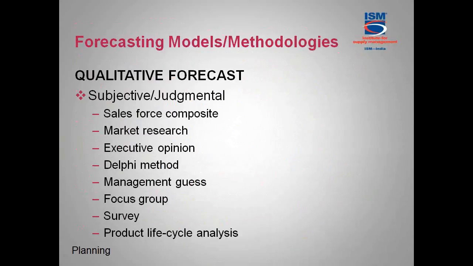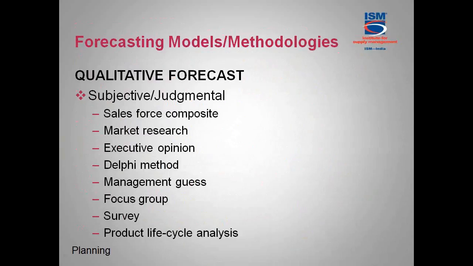An example is the sales force composite. Our sales force in the organization gives feedback about the future forecast, and because the sales force is closest to the customer, whatever they say, we consider to be the correct statement.